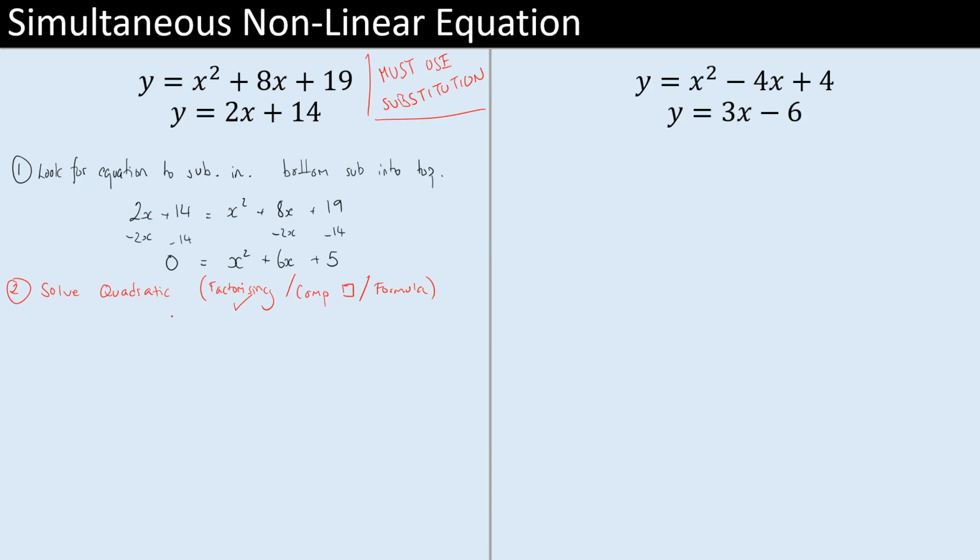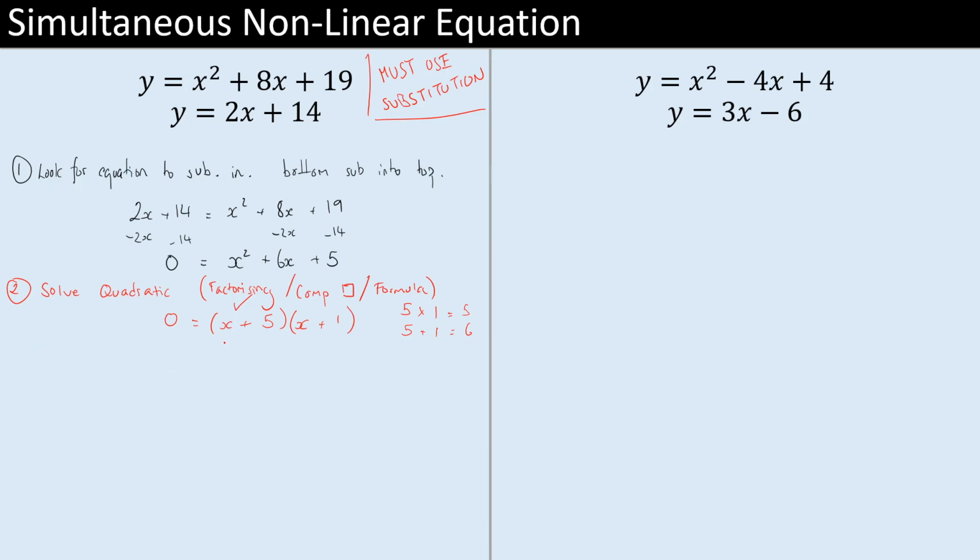And that is something which is totally doable. Okay, so we want multiply to equal 5 and add to equal 6. Well, we could just use 5 and 1. Which means that our brackets are going to be x plus 5 and x plus 1.